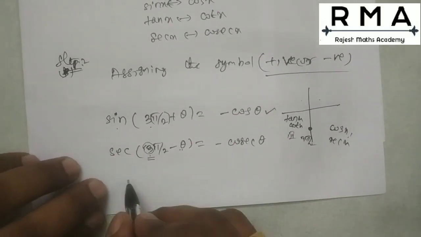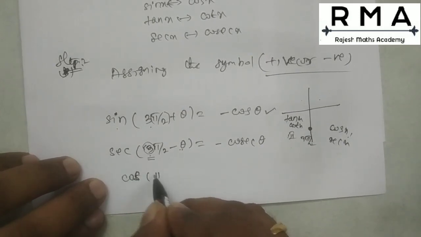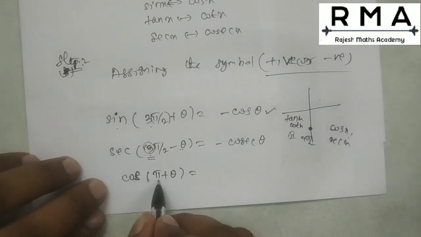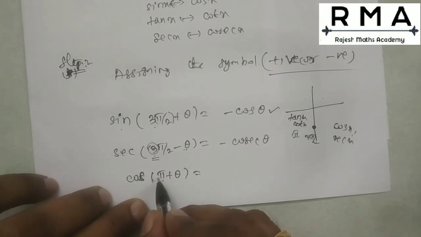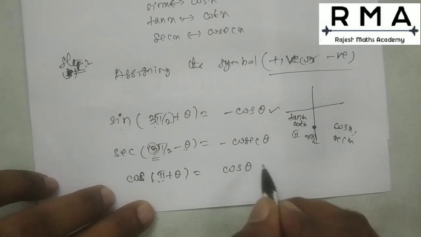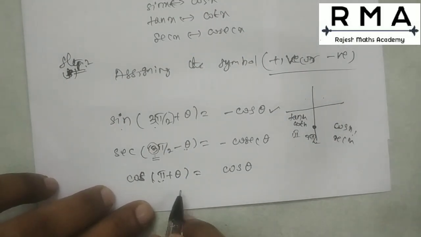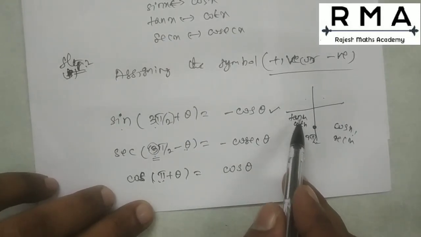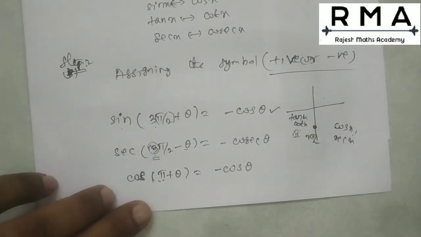Clear? One more problem, cos of pi plus theta. Pi can be written as 2 times pi by 2, which is even, so there is no change. So cos of pi plus theta is cos theta, and we check the symbol. Pi plus theta is in the third quadrant, where only tan and cot are positive, so cos is negative, and minus cos theta will come.